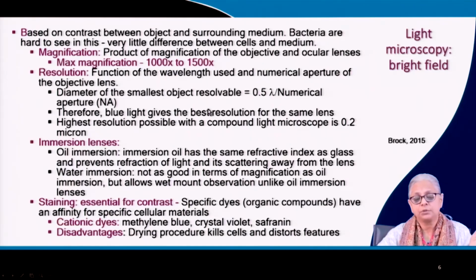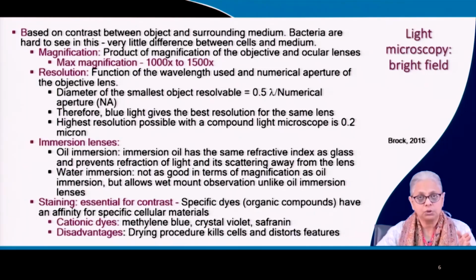So blue light will automatically give you the smallest diameter resolvable. So resolution is a function of the wavelength and the numerical aperture of the objective lens. And this brings us to the highest resolution possible, which is 0.2 microns. This is the smallest distance that can be distinguished with a light microscope.